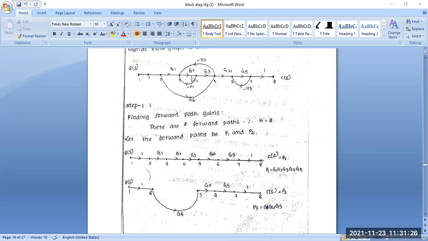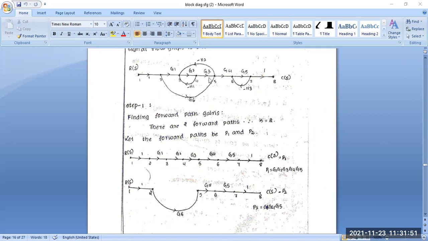But in this diagram, here you can see this is one loop and this is another loop. These two loops, this one and this one, are called touching loops, because this is one node. This node is touching for these loops, okay, and these nodes are touching in these loops also.